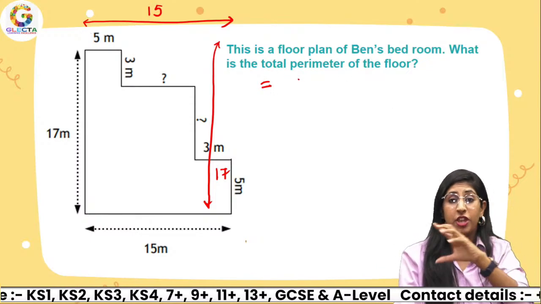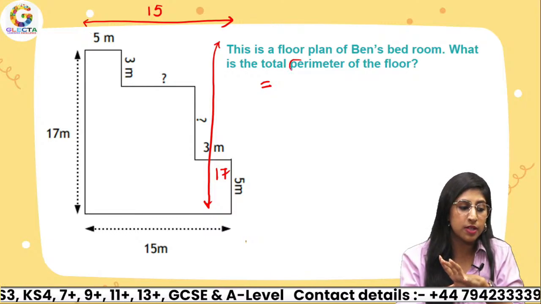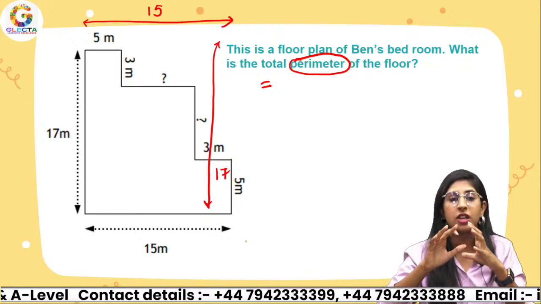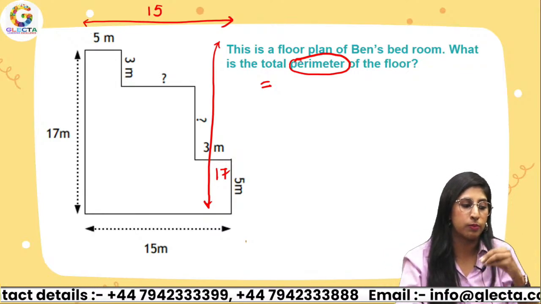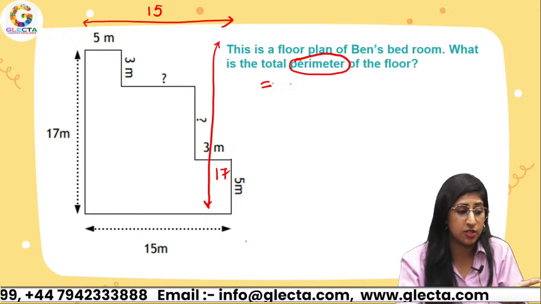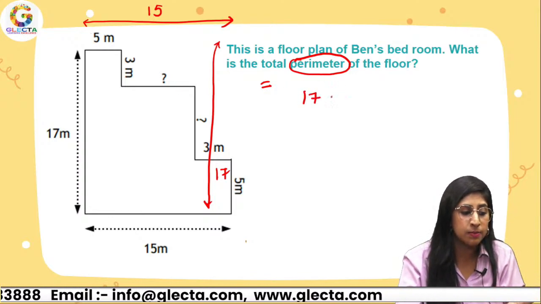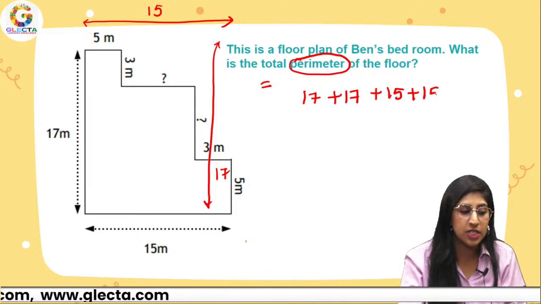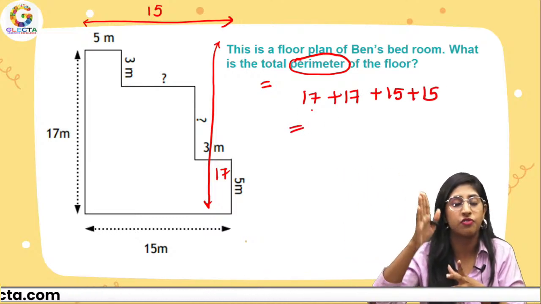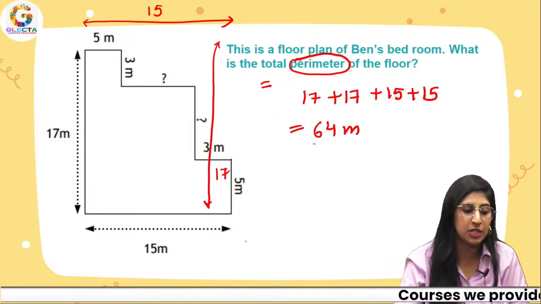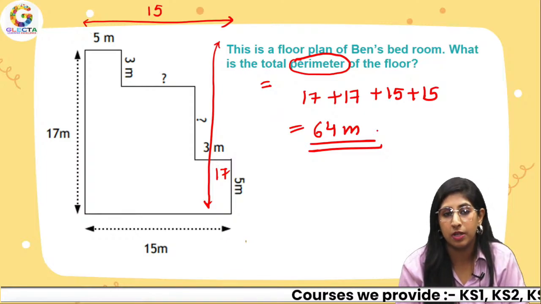So never in these questions, if perimeter is asked, never get messed up into the calculation and start calculating the missing sides. You don't need the missing sides, right? You would just do 17 plus 17 plus 15 plus 15. 17 plus 17, 34, 15 plus 15, 30, 64 is the answer then. 64 meters. That would be the perimeter.